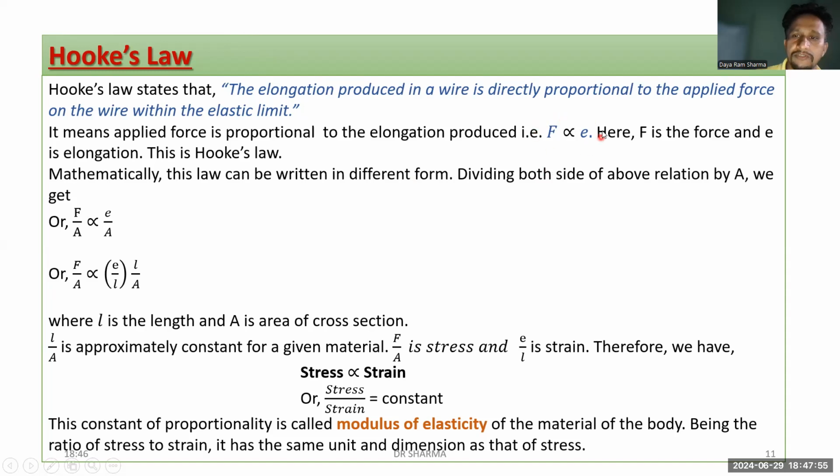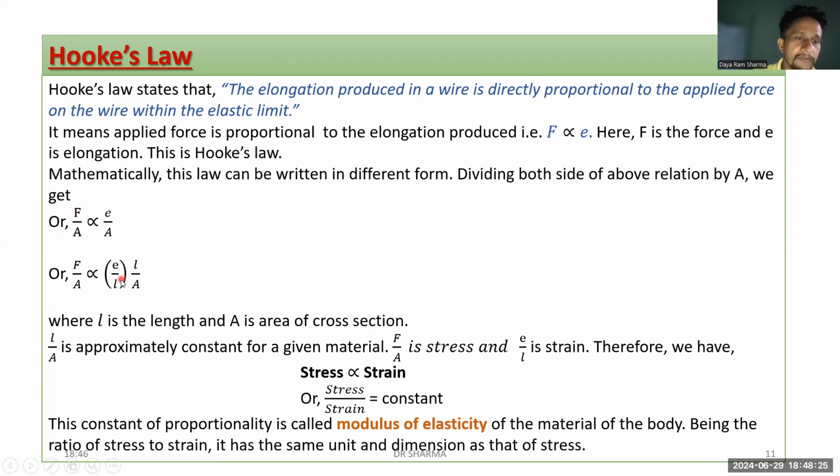So we write F is directly proportional to e. Mathematically manipulating in a few steps, we can express Hooke's law as stress is directly proportional to strain. From this expression, F is directly proportional to e, we divide both sides by area.